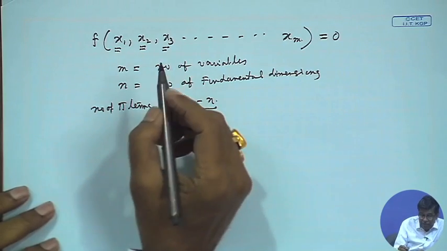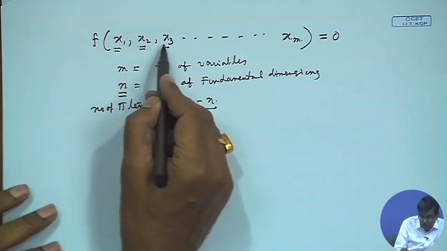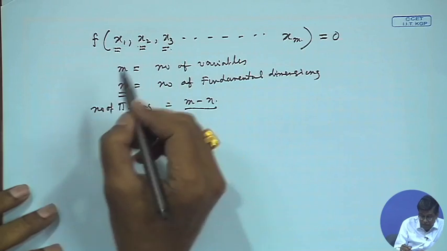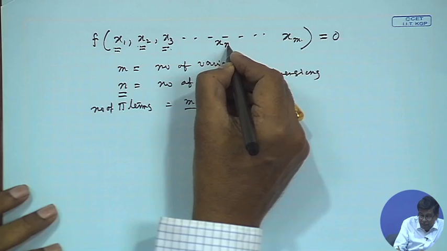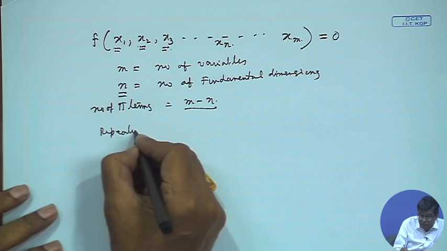Now, you first select n number of quantities as repeating variables. Let x1, x2 up to xn. These are known as repeating variables.